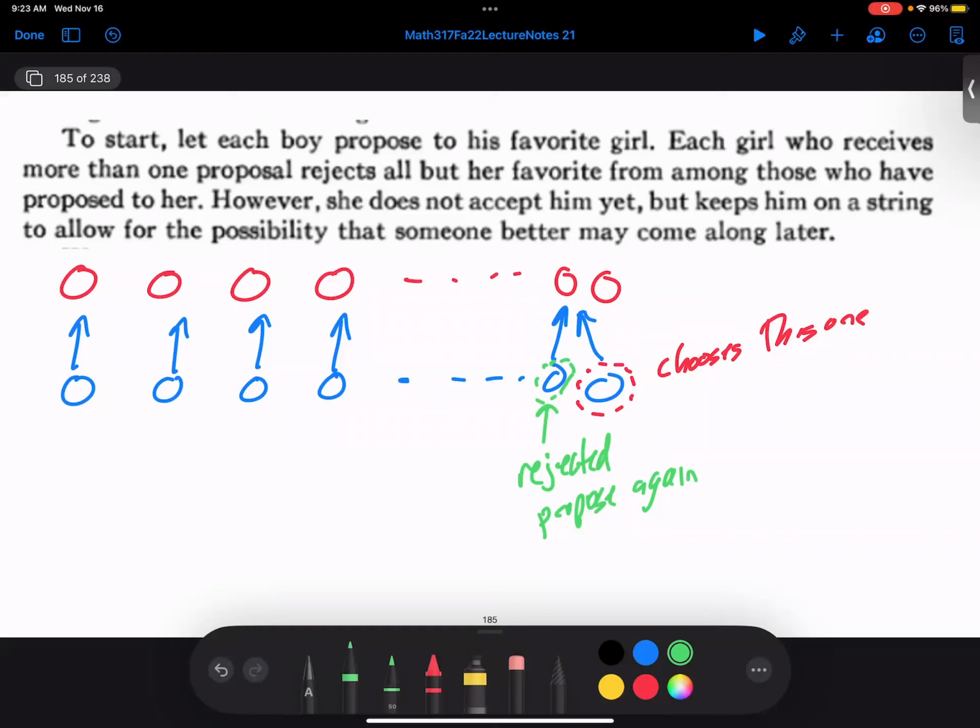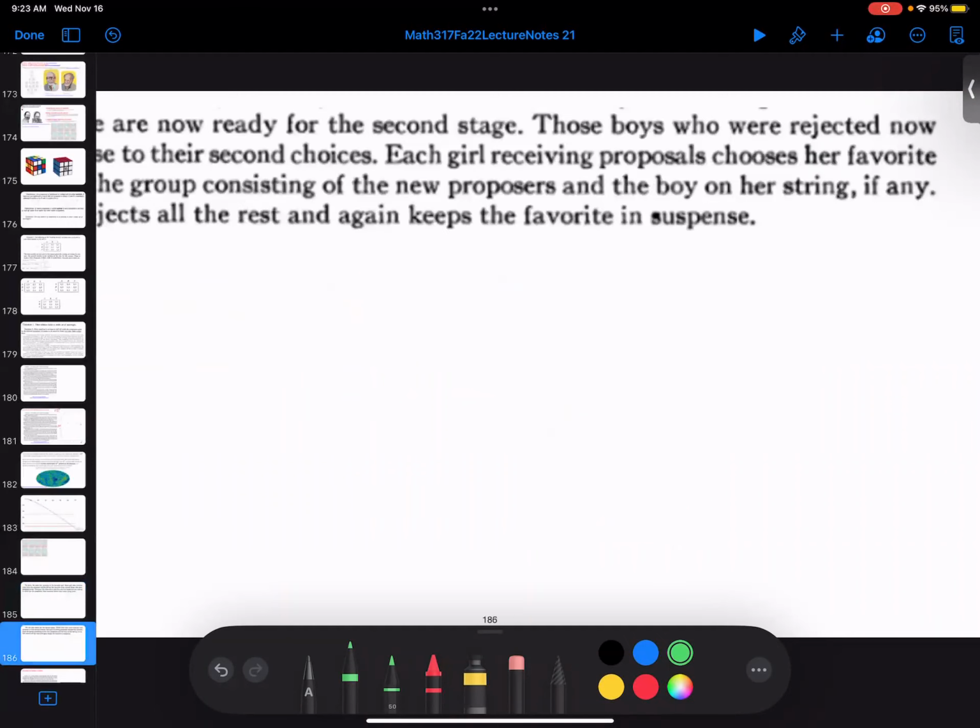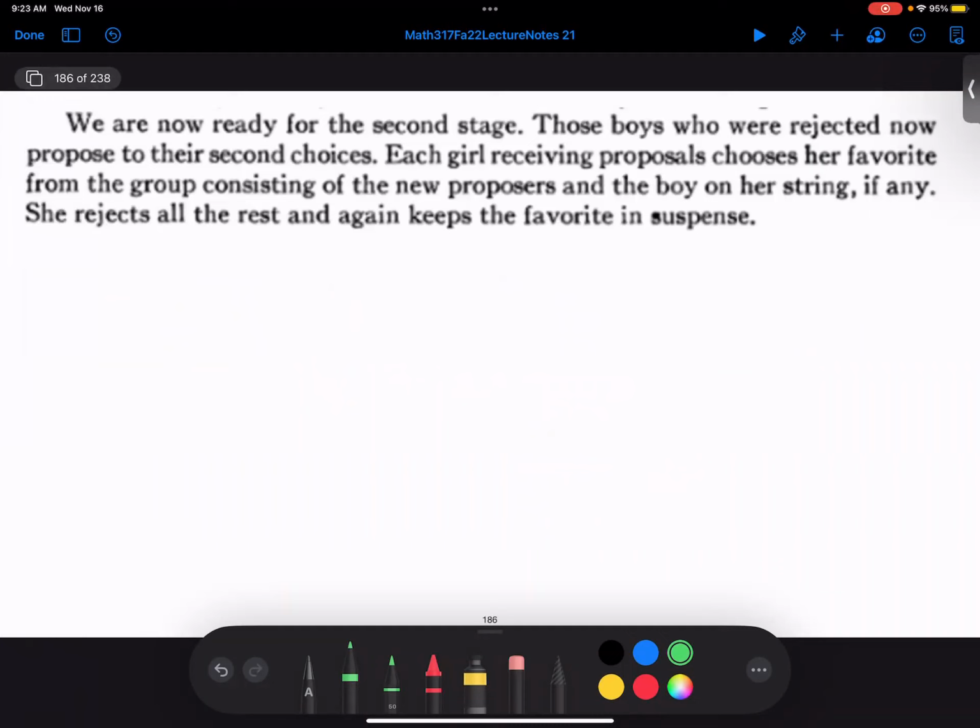But if multiple people propose to the same person, then there will be at least one man rejected. And then you look at the set of men who have been rejected, and that's going to be the next step. So the boys who are rejected now propose to their second choices. Each girl receiving proposals chooses her favorite from the group consisting of the new proposals and the boy on her string, if any. She rejects all the rest and again keeps her favorite in suspense.